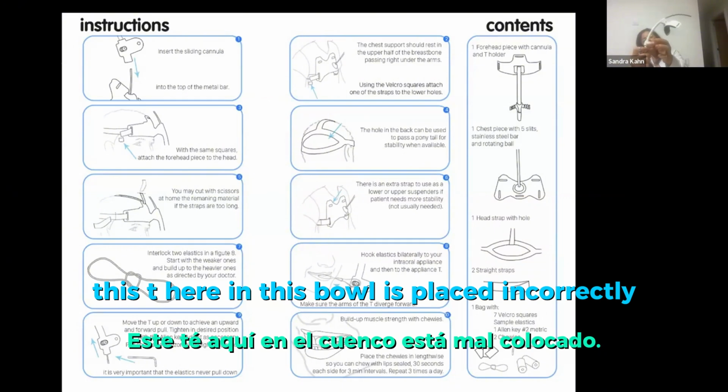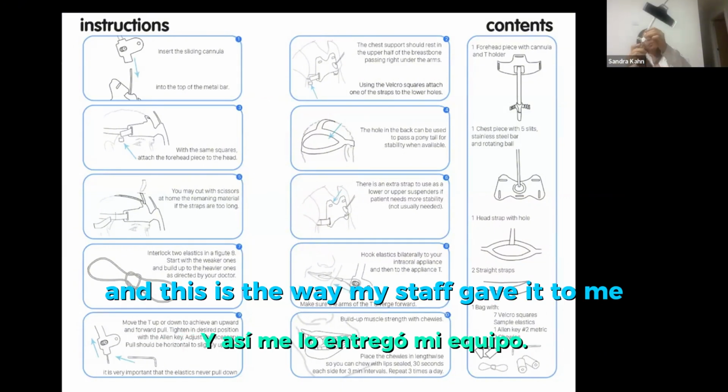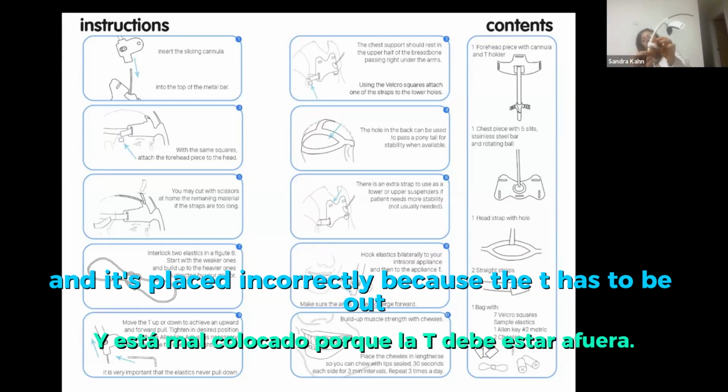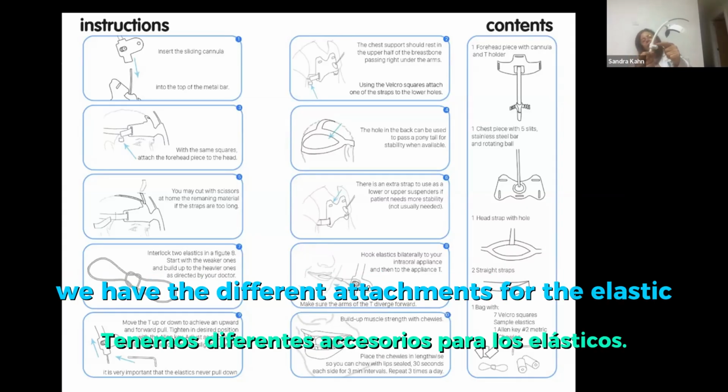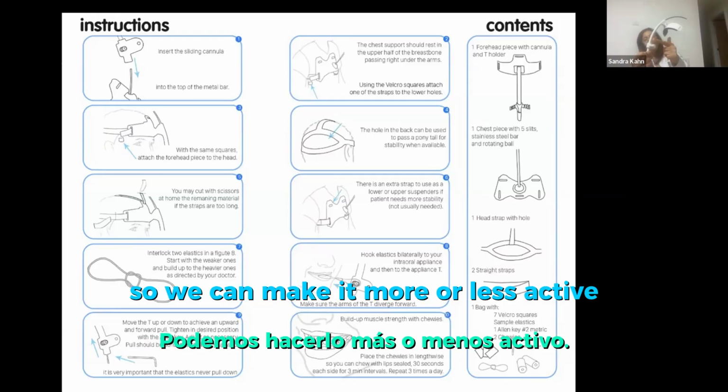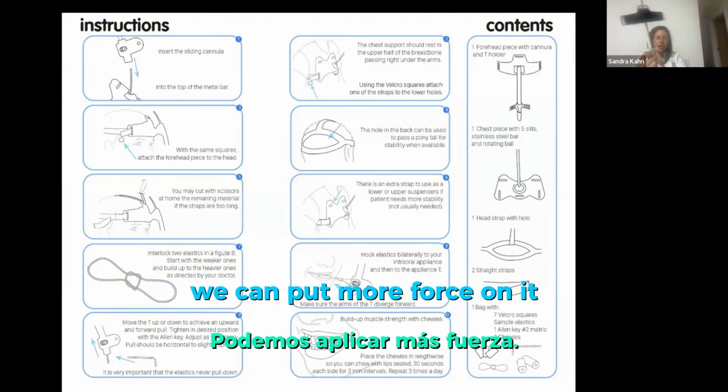This T in this bow is placed incorrectly. This is the way my staff gave it to me, and it's incorrect because the T has to be out so that we have the different attachments for the elastic. So we can make it more or less active. We can put more force on it.